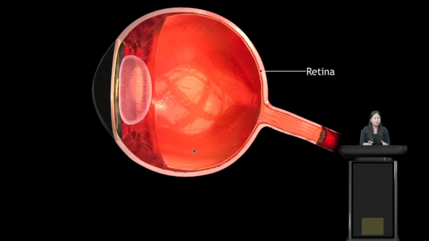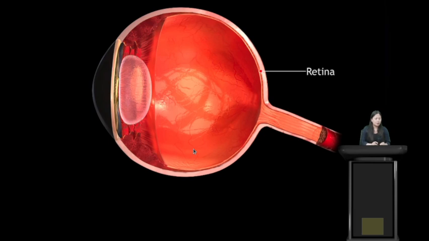Now when we are in a dark room or in a dull light situation, suppose we are standing outside in bright light. Now when we enter the room, suddenly it becomes dark. We are unable to see things around us because we are entering from light conditions to a dull light condition.